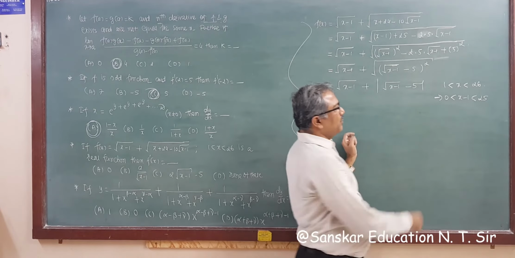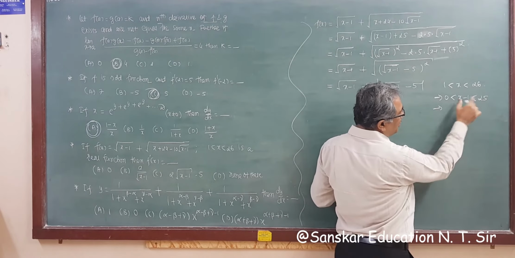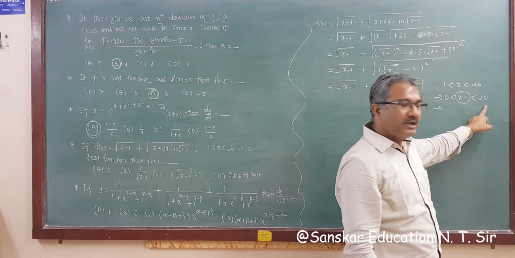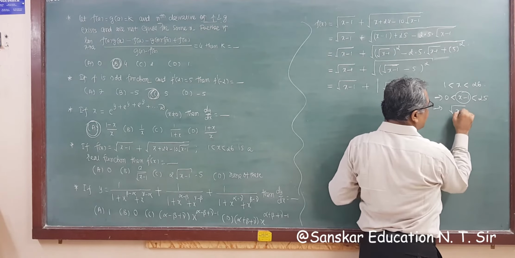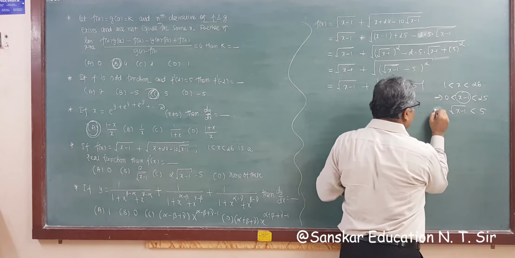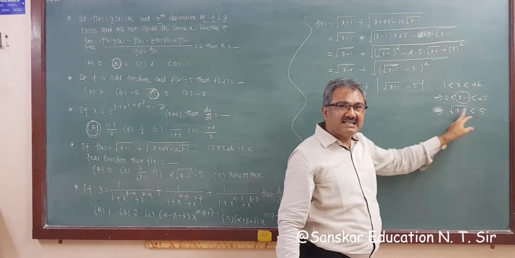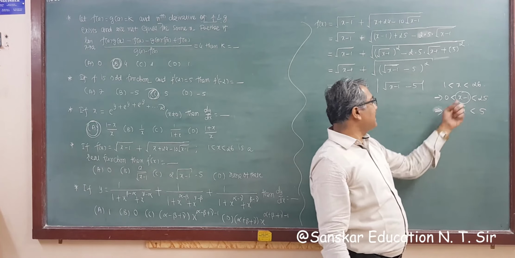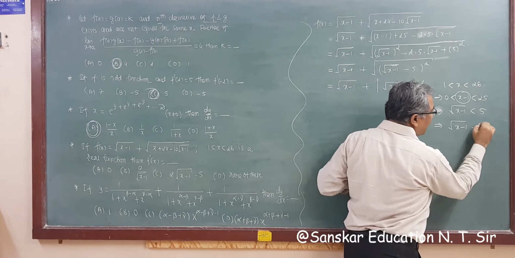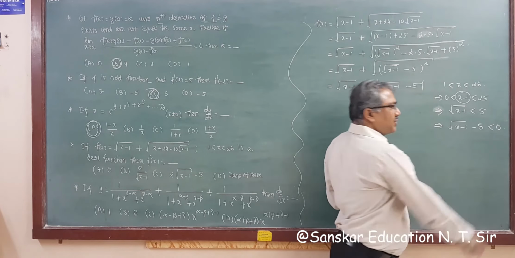If we take the square root, it is always positive, because x minus 1 lies between 0 and 25, which is positive. So the square root is less than 5. If we take minus 5, then root x minus 1 minus 5 is less than 0.